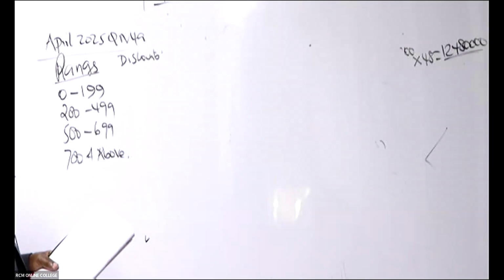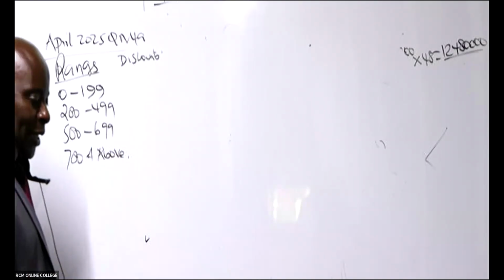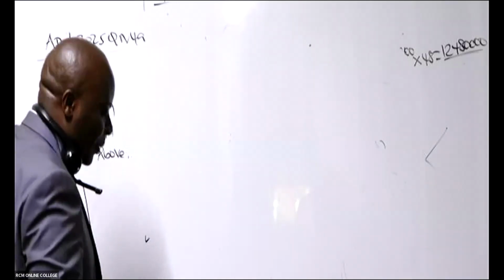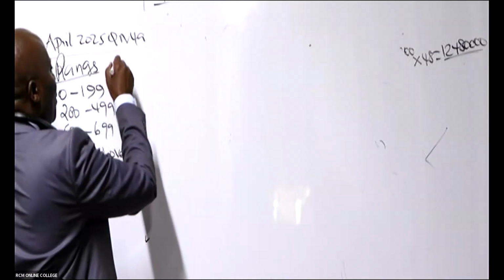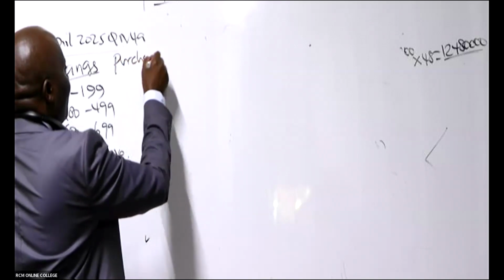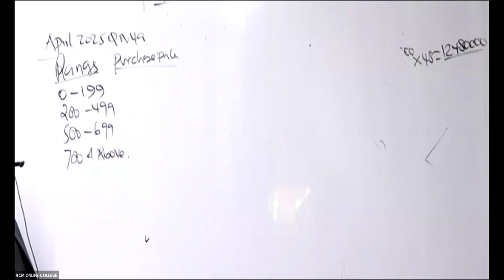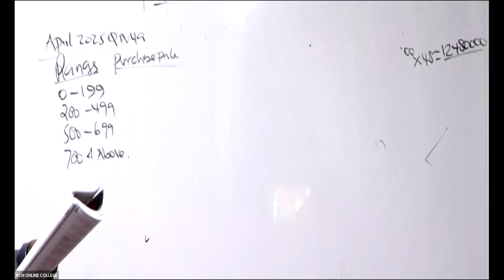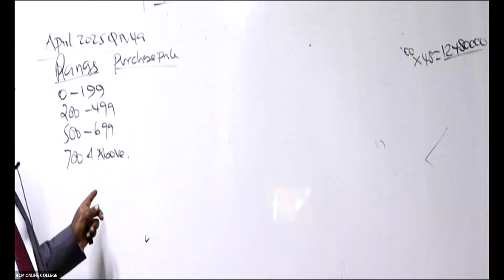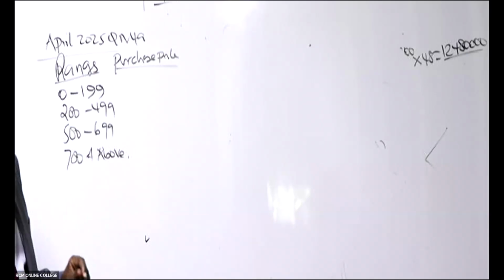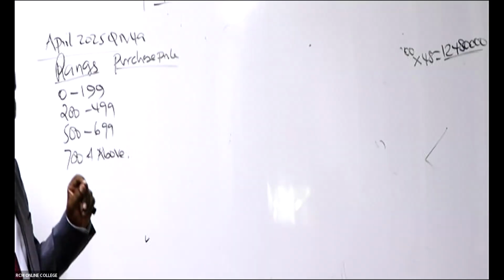So instead of writing that discount, we are bright people. We can just go ahead and write the purchase price. So purchase price, the first one that I'm seeing there is that if we procure between 0 and 199, we shall get a 1% reduction in price because 1% is the discount.